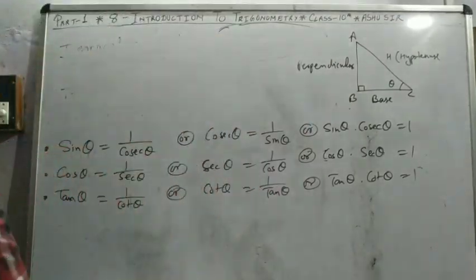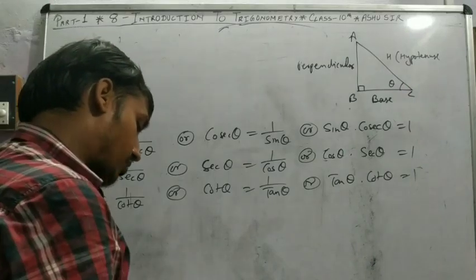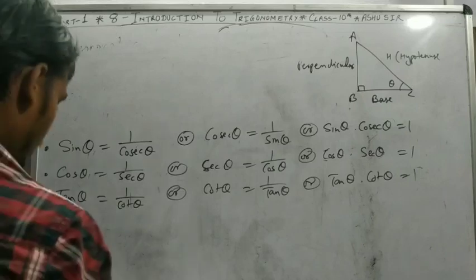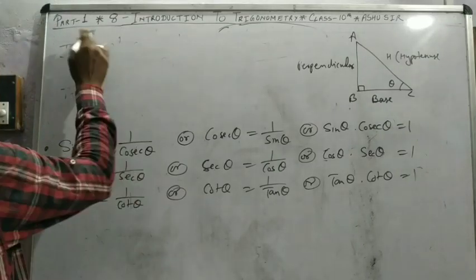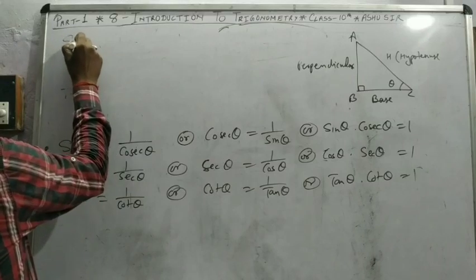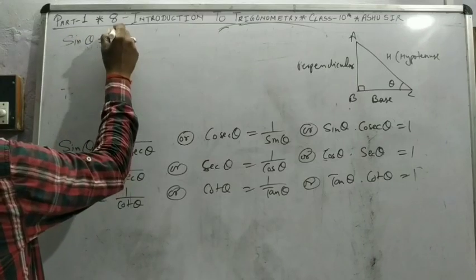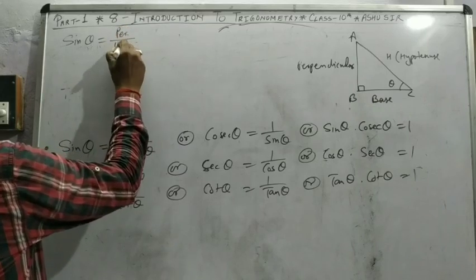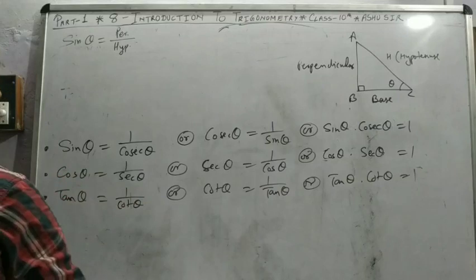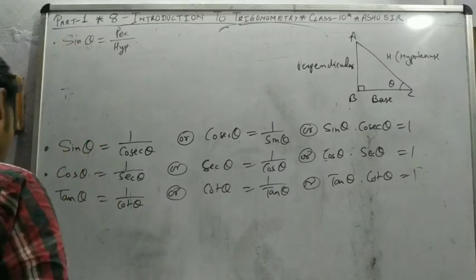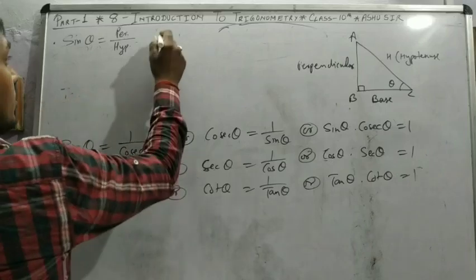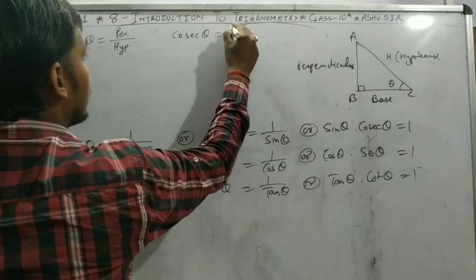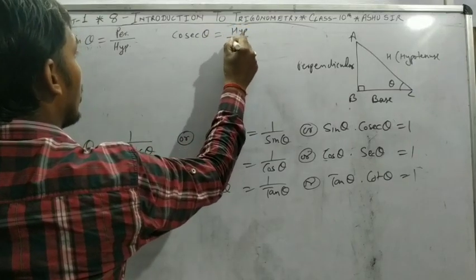And they also define the ratio of the sides of the triangle. Sine theta is equal to the ratio of perpendicular upon hypotenuse. Same, so cosec theta is the reciprocal of this, hypotenuse upon perpendicular.